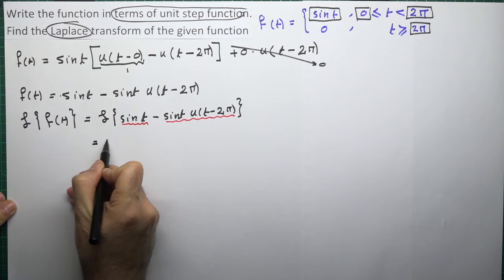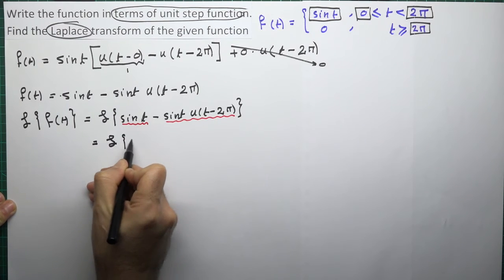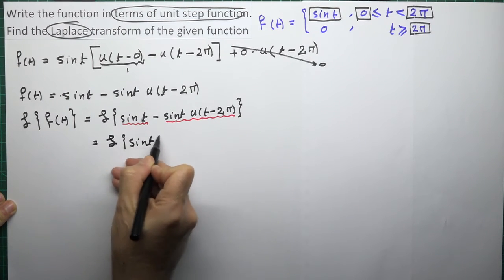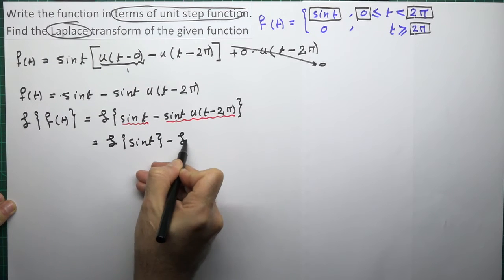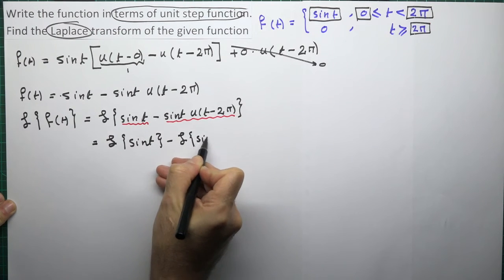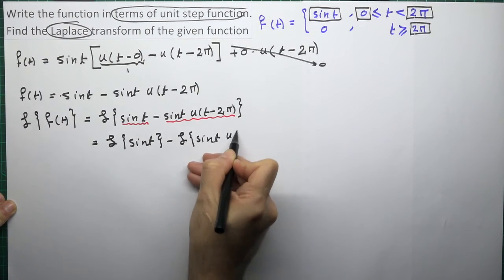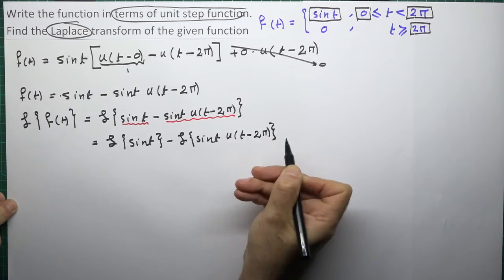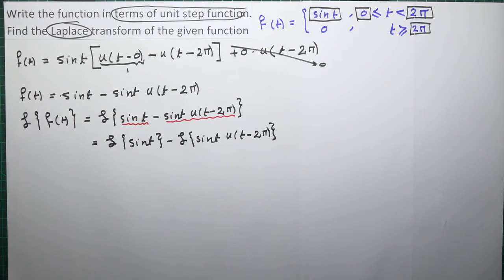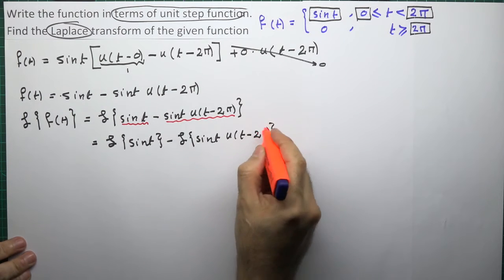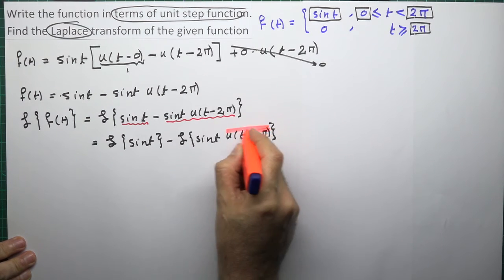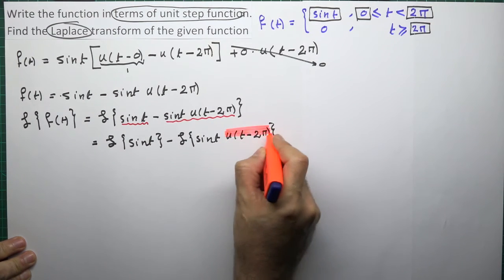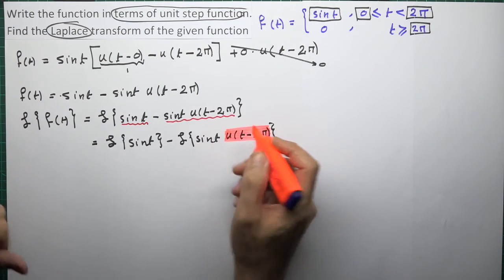So it will be Laplace of sine of t minus Laplace of sine t u of t minus 2 pi.